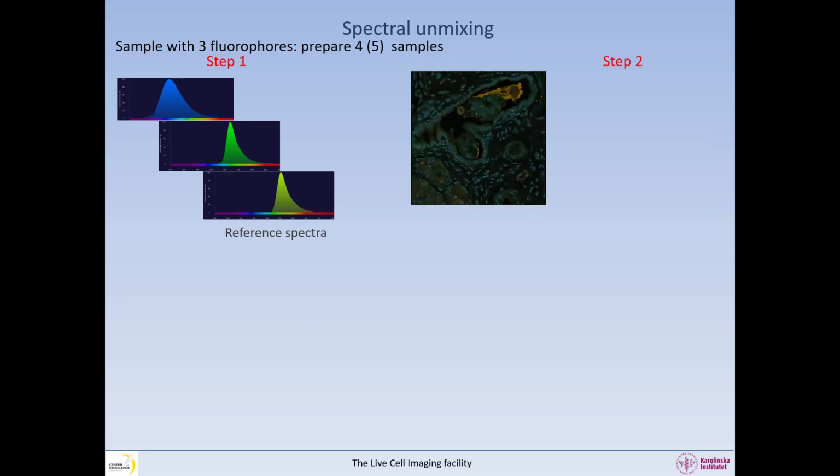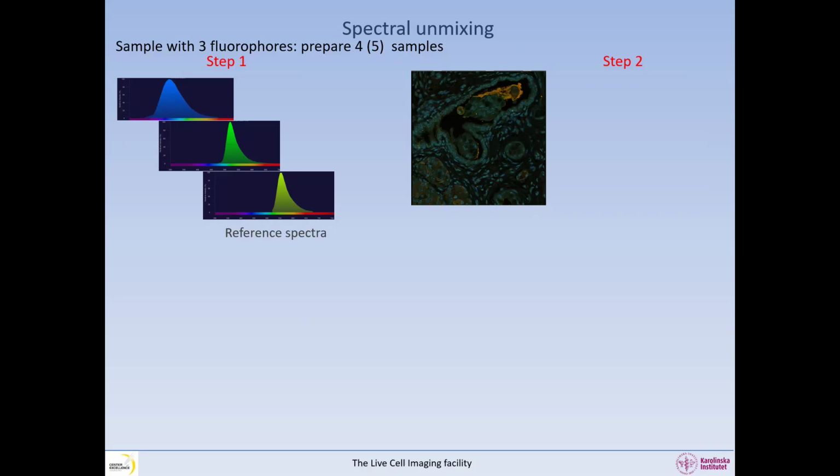In the step 2, we take an image of our real sample with all the fluorophores. As I said, if we have a sample for our negative control, that we make for our autofluorescence, we'll also image that sample and extract the spectrum of the autofluorescence.